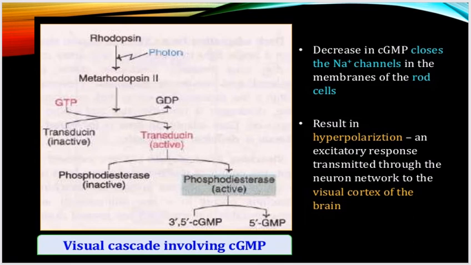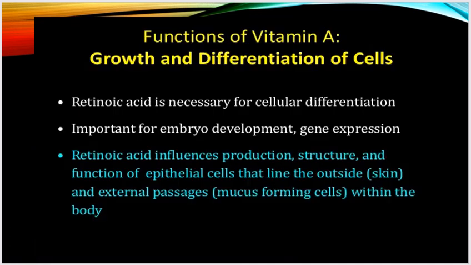Hence, in this process, the 3',5'-cyclic GMP is converted into its inactive form. The decrease in cyclic GMP closes the sodium channels in the membrane of the rod cells, which results in hyperpolarization. An excitatory response is transmitted through the neuron network to the visual cortex of the brain.